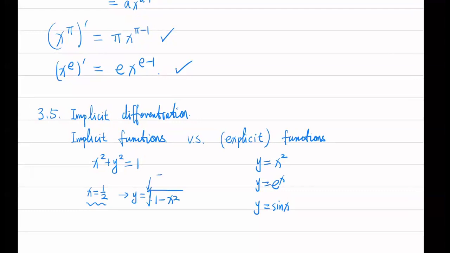Do we choose the positive square root or the negative square root?